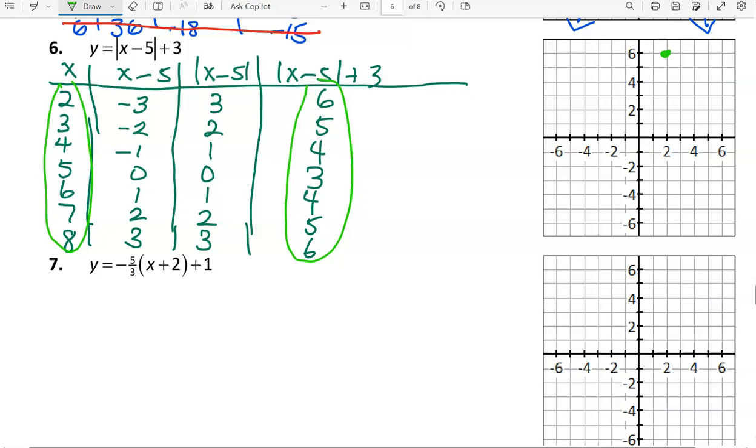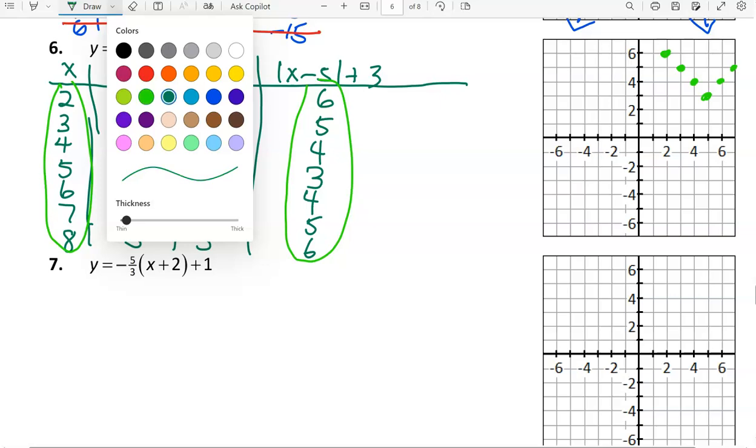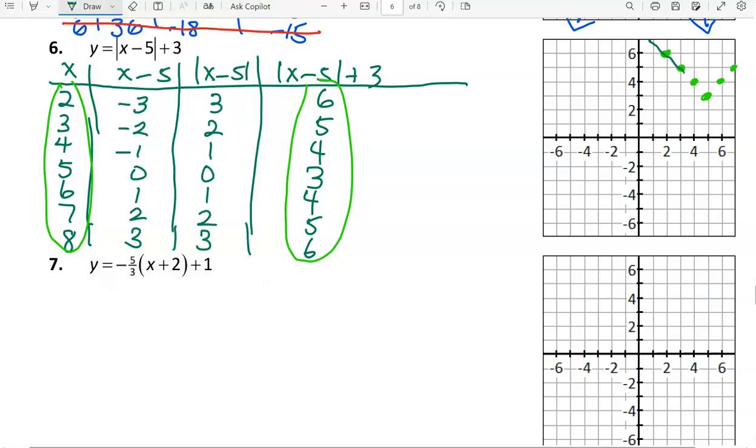Next is 3, 5. 4, 4. 5, 3. 6, 4. 7, 5, and we can't continue really after that, but that's okay because we have seen the most interesting part of this graph, and that would be the V shape. So we know this is not a straight line since it's an absolute value graph.